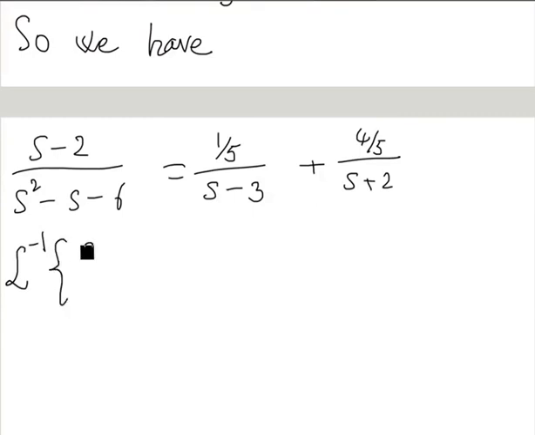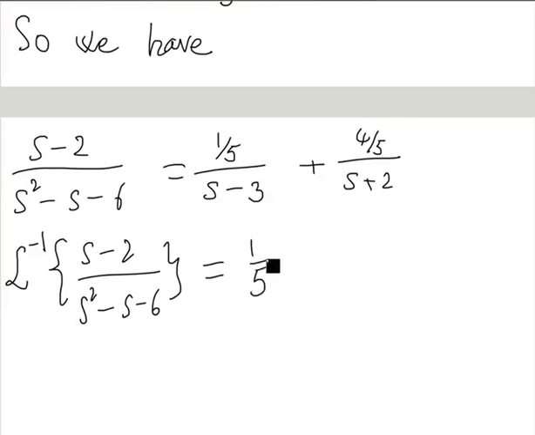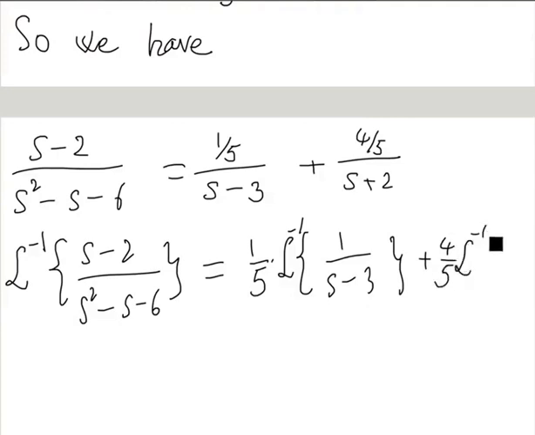The inverse Laplace transform of the entire fraction on the left hand side, by the linearity of the Laplace transform, we could split into 1/5 times the inverse Laplace transform of 1 over s minus 3, plus 4/5 times the inverse Laplace transform of 1 over s plus 2, by linearity.